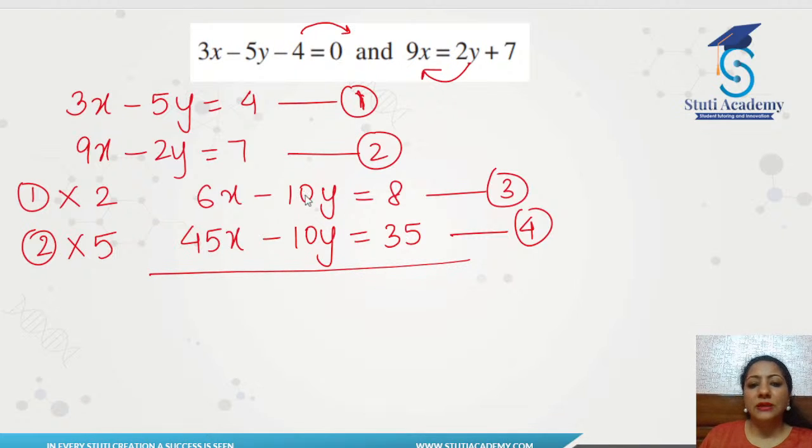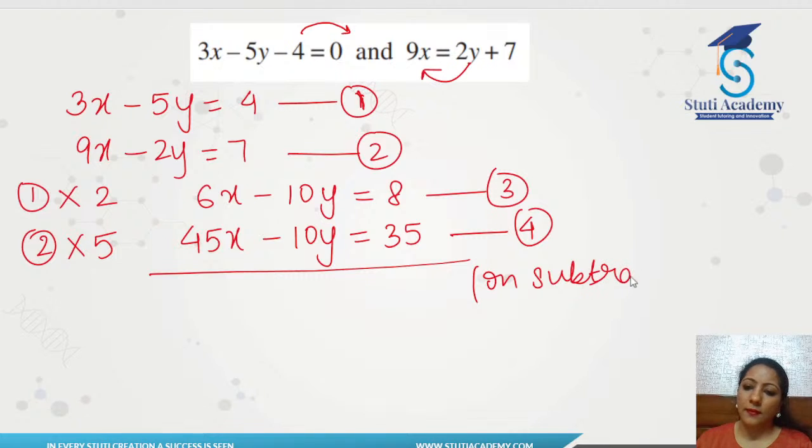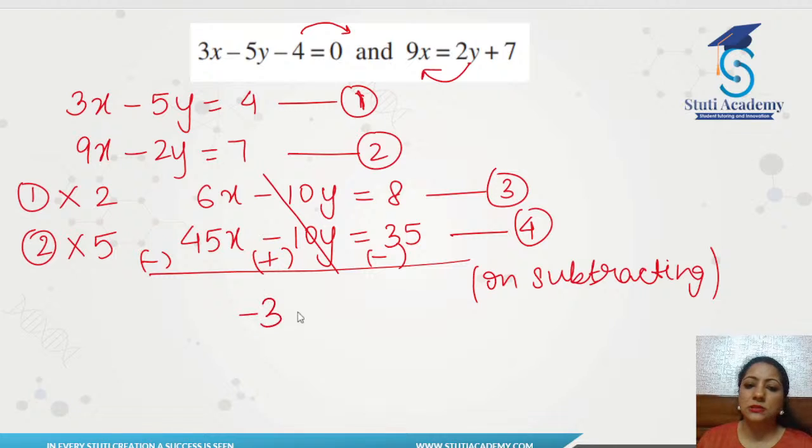Now we have 10 and 10 here. The coefficients are the same, but here we have negative and here also we have negative. So we are going to subtract so that we get different signs. So we'll write here, on subtracting. Once we subtract, we will reverse the signs. We'll get minus, then plus, then minus again. This will disappear. And then we have 6x minus 45x, which is going to give us minus 39x.